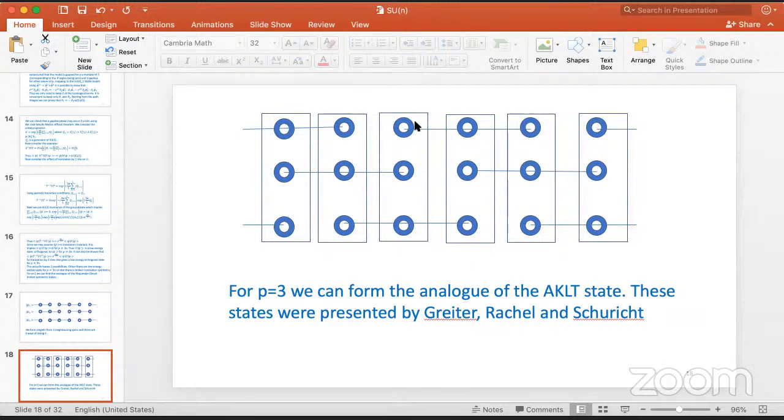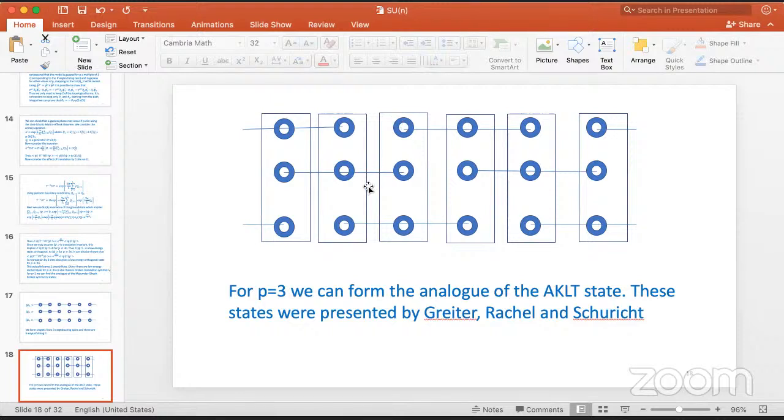If we take, for example, this site, we have a triplet going to the right, a triplet going to the left, and a state with one leg on the left and one on the right. The same thing happens on the next site. So this is translation invariant.